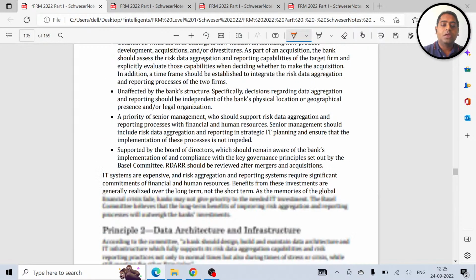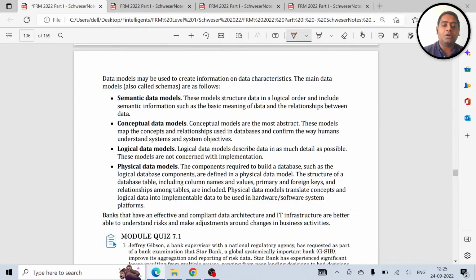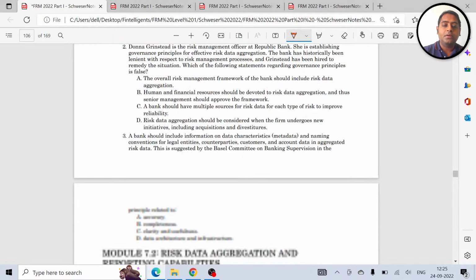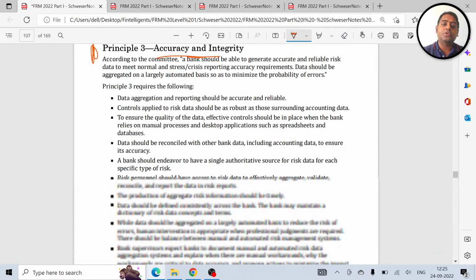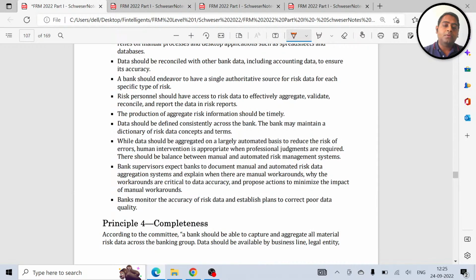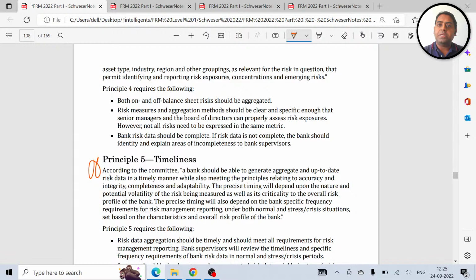Governance is okay. Data architecture and infrastructure is okay, not so important. Accuracy and integration, you can focus on this reading part. Then there is timeliness, it can be important for the exam.